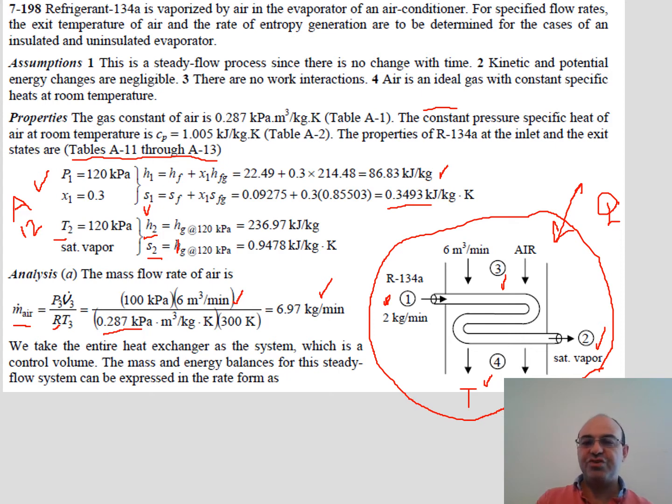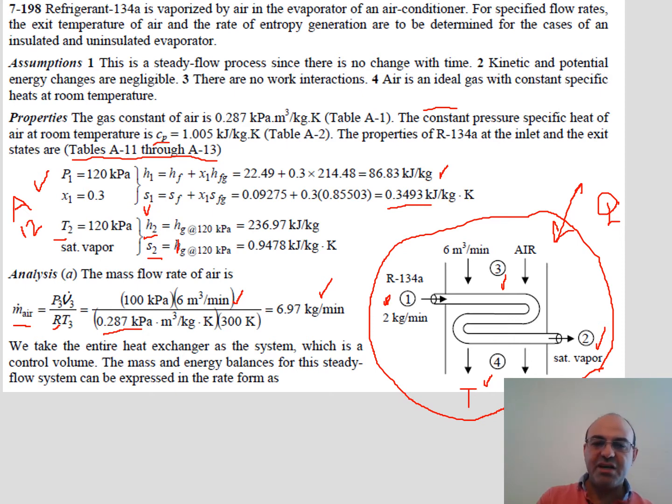So we need to do it based on 2 assumptions. So first, let's write the first law and find the outlet temperature of the air, and then calculate the entropy generated during this process. So for this process, we will see that we need Cp.